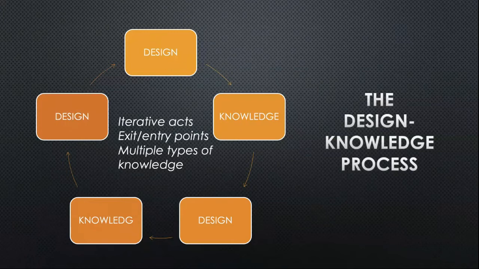And then the other thing that's important that I want to bring to your attention is that there are multiple types of knowledge occurring in this process where we talk about designing knowledge, merging design thinking and knowledge management. So there is the knowledge about the design, the product that you're trying to design, or the solution that you're trying to find, or the understanding you're trying to gain from the user.